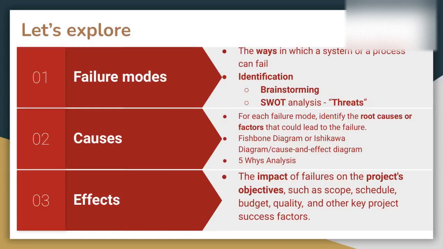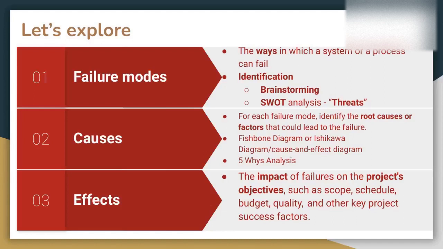Then you can go further into detail about the different branches, such as people, process, equipment, material, and environment, that could potentially have the root cause. So again, a very common technique to identify the root cause.